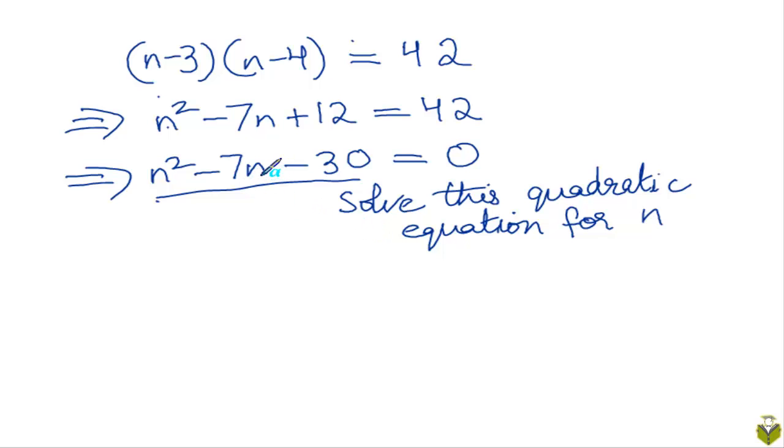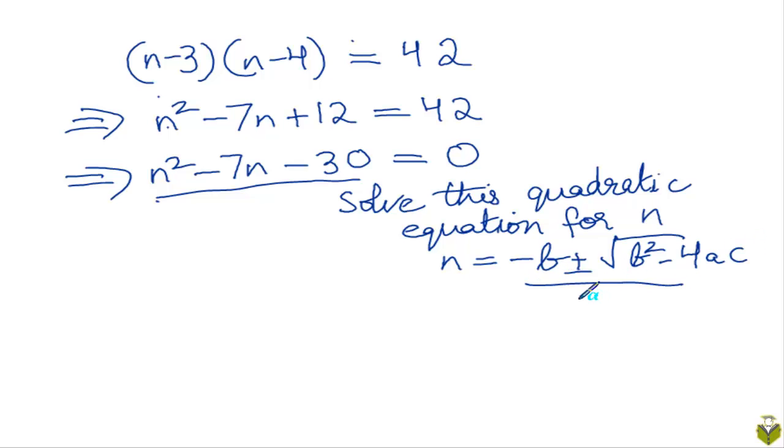Certainly I will just factor it out. I'll use the factorization approach, but there is that quadratic equation formula where you have the two roots as minus b plus or minus square root of b square minus 4ac, divided by 2a. You should revise it, but I'll just write down the formula.